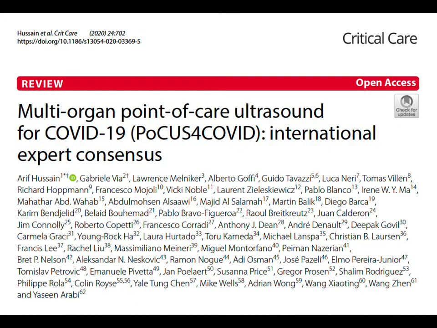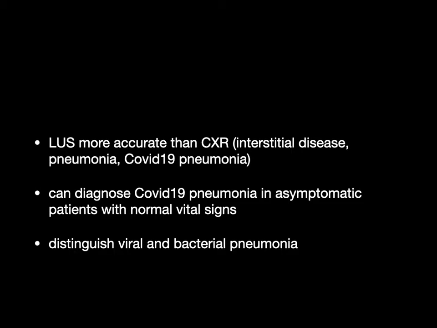There was a recent review and an international expert consensus, from 2020. They came up with this quite early in the pandemic, assessed quite a few papers, and tried to come up with signs and findings that you can see in lung ultrasound.